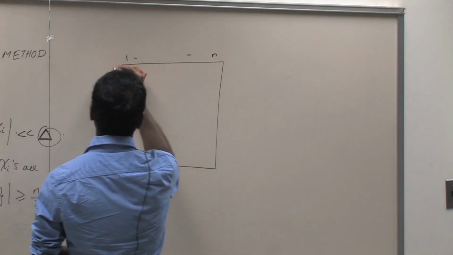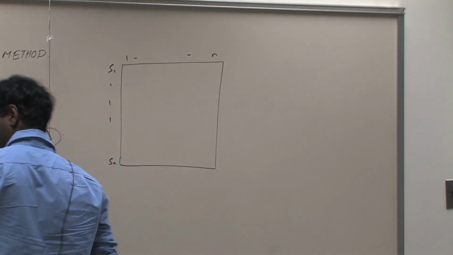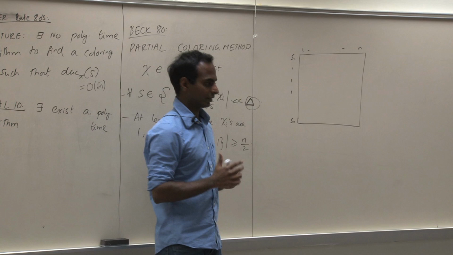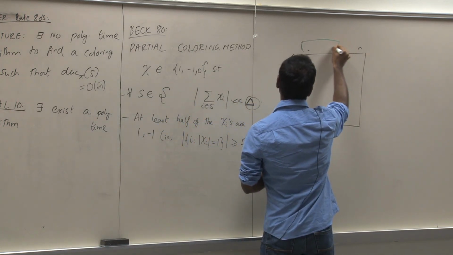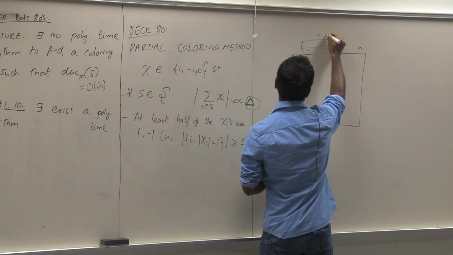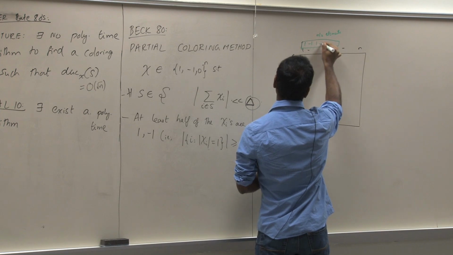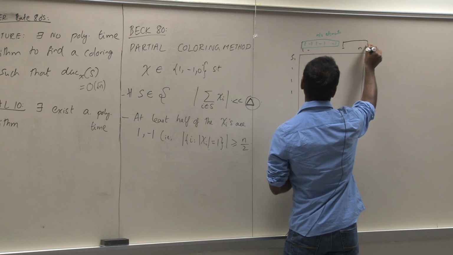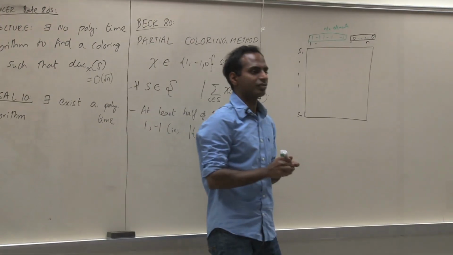You have 1 through n, you have your sets S1 through Sn, and you apply the partial coloring lemma to find a partial coloring. So you find n over 2 elements colored 1 or -1, and the rest are 0. This is your first partial coloring.